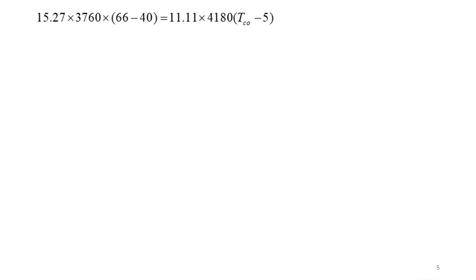So substitute all the values and simplify. You will get the value of Tc naught. Okay, Tc naught is equal to 37.15 degrees centigrade. And by knowing the value of Tc naught, the exit temperature of water is found.